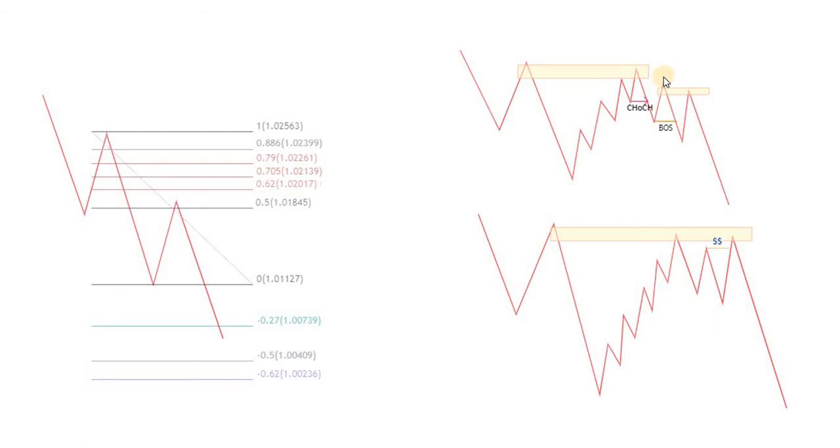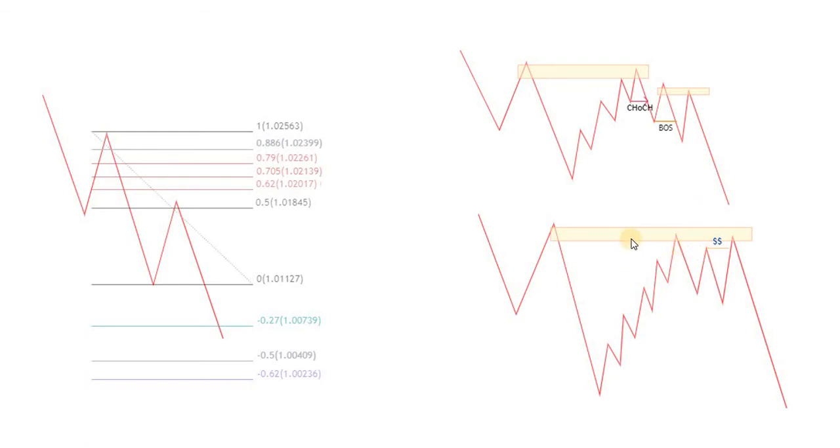That's equally good, but it's kind of more risky than waiting for a second break, which is a break of structure. After you have the break of structure, then you can start looking for a supply zone, in this case of a downtrend, where you can look for sells.